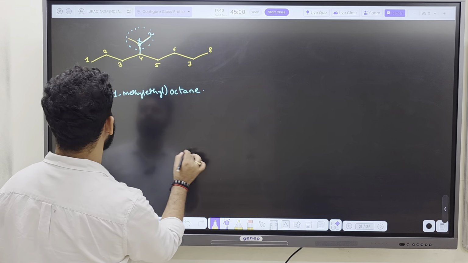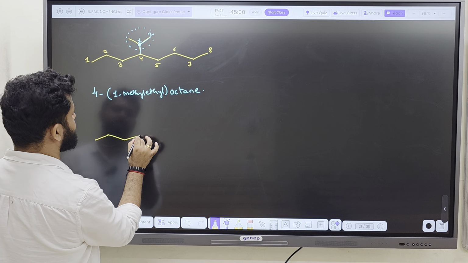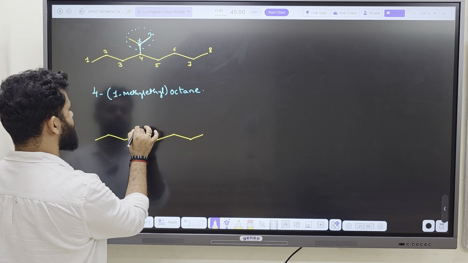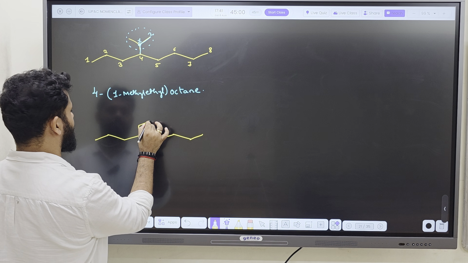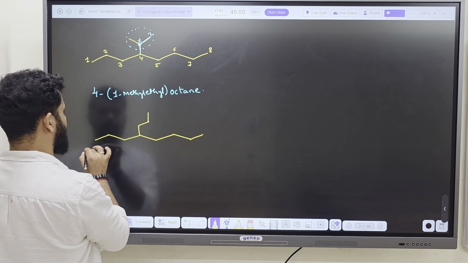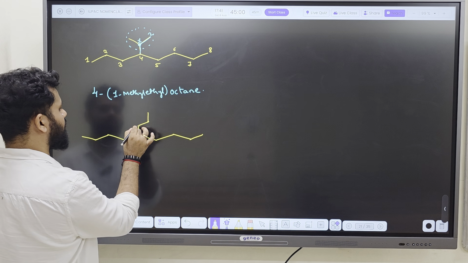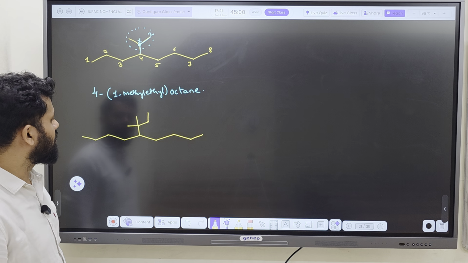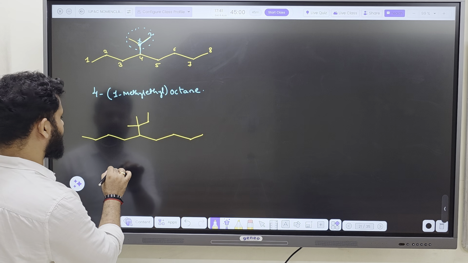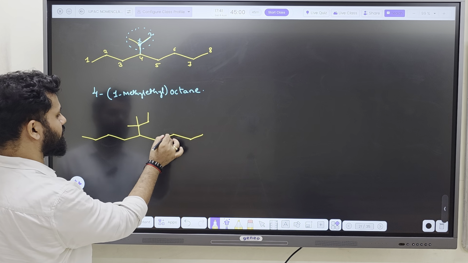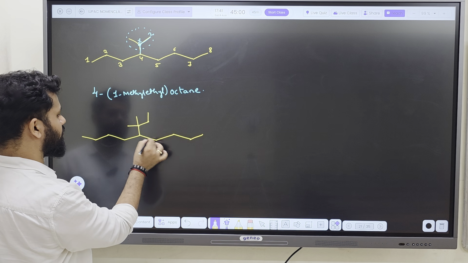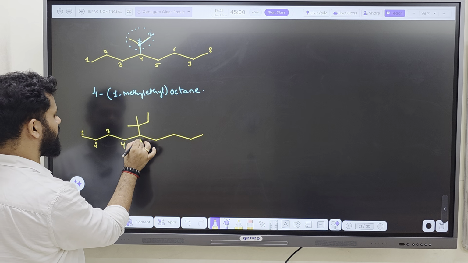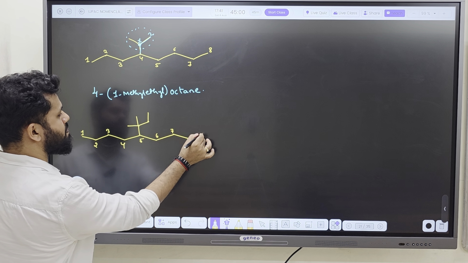Likewise, a similar structure we will take, like this. Again, 1 2 3 4 5, 1 2 3 4, 1 2 3 4 5. So it's one and the same thing. 1 2 3 4 5 6.